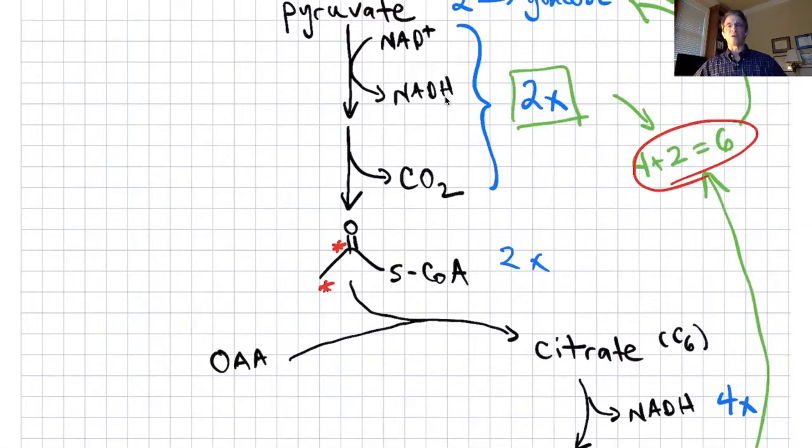Well, if you think about it and you remember that this is a cycle, the oxaloacetate, that's a 4-carbon unit, was already there, right? Essentially, when the acetyl-CoA came in, 2 of those carbons clearly came from the glucose that I just brought in, from that pyruvate.